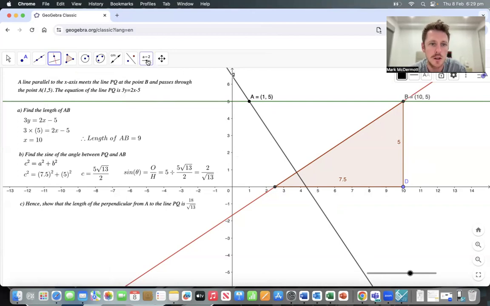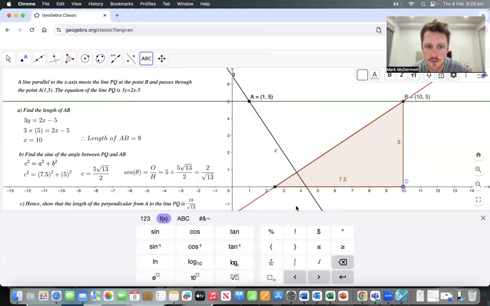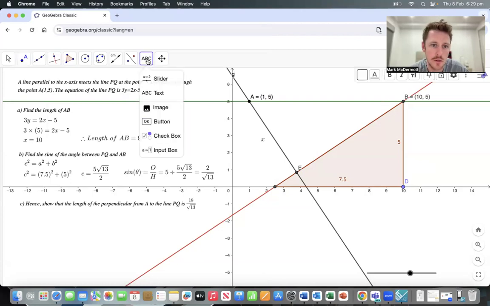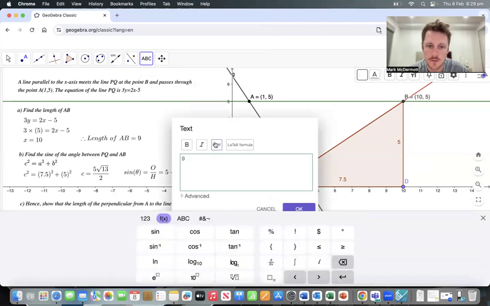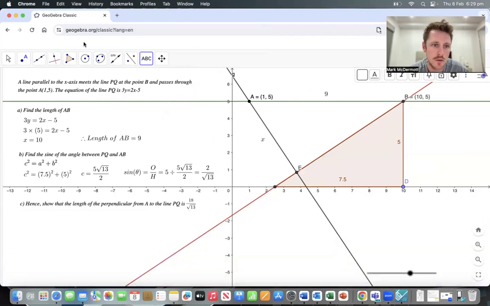What we can do here is give some names to things. We're going to call this side length here from A to this point here x. And we know that this length is 9.